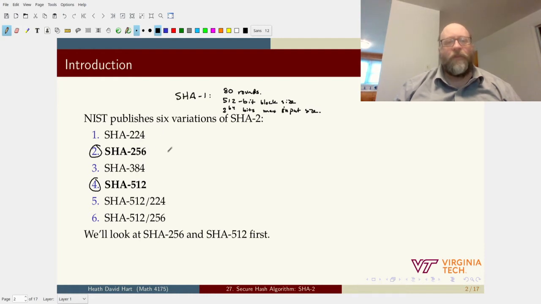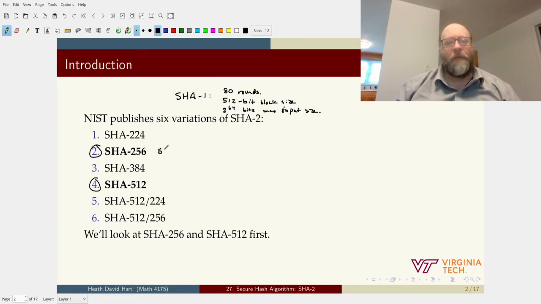The different variations of SHA-2 were partially to allow for some backwards compatibility. SHA-256 is kind of a drop-in replacement for SHA-1.